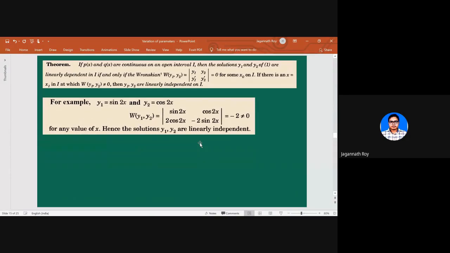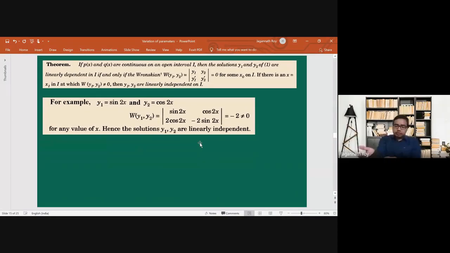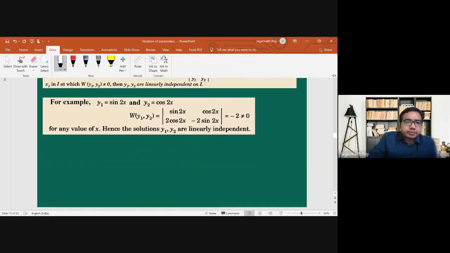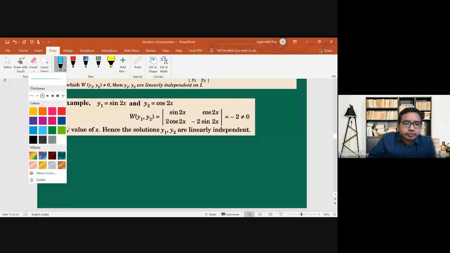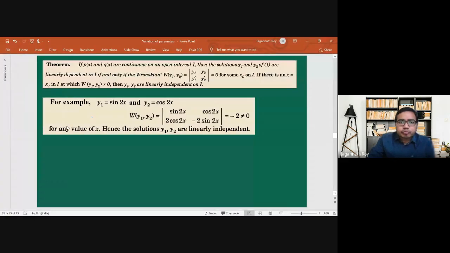Okay, there is another important theorem related to the Wronskian of two functions. If two functions y1 and y2 are there, then they are said to be linearly independent. Earlier I mentioned only independent, but for functions we can also use linearly independent.